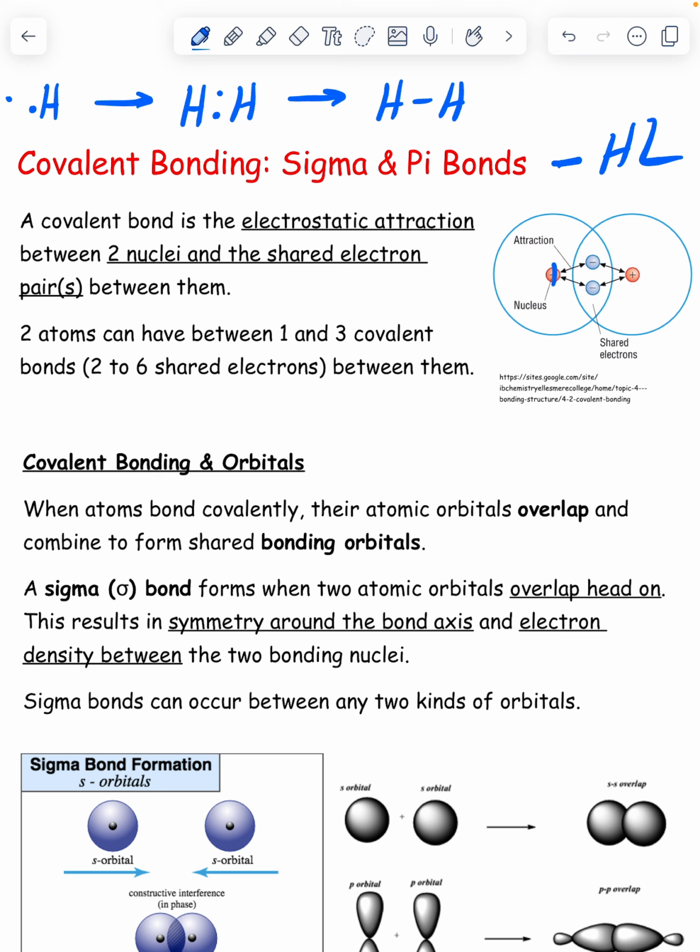And so we've got our positively charged nuclei, and we've got the electron pair, sorry, the electrons in between them, and the nuclei are attracting them, pulling them towards themselves, and that's what holds the two nuclei together. Okay, so that's how we've looked at covalent bonds previously.